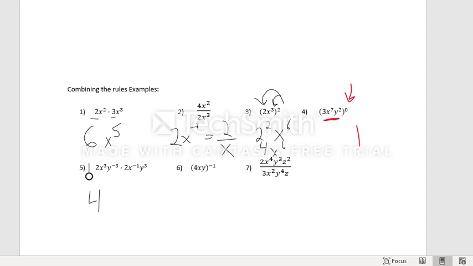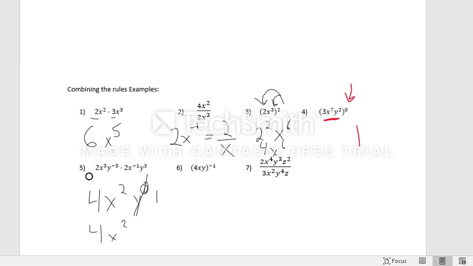Since we're multiplying, add the exponents. 3 plus a negative 1 makes 2, so 4x squared. All right, then we have y to the negative third and y to the third. 3 plus negative 3 is 0, so it's y to the 0. We can combine this and do one more step. Anything to the 0 power is 1, so this is just 4x squared because this becomes 1.